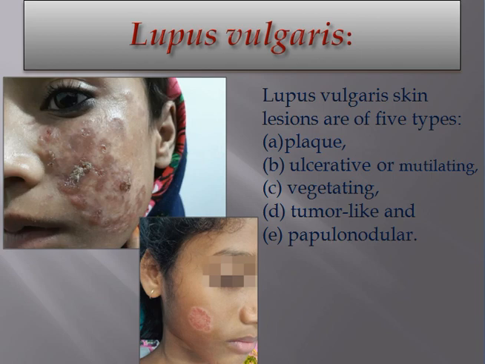Lupus vulgaris is diagnosed by clinical features, pathology, and a strong positive tuberculin skin test. Identification of Mycobacterium tuberculosis is made by PCR or culture. The disease treatment consists of systemic anti-tuberculous drugs. And on this slide you can see lupus vulgaris in plaque form in the upper picture and ulcerative form in the lower picture.